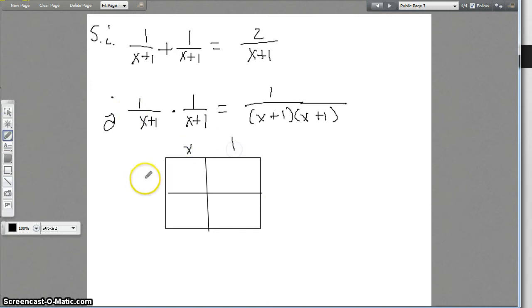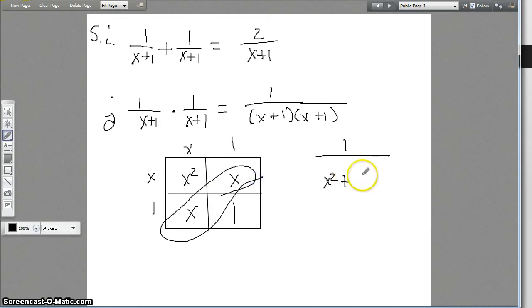X plus 1, x plus 1: x times x is x squared, 1 times x is x, 1 times x is x, and 1 times 1 is 1. So what we're going to have is 1 over x plus 1 times x plus 1 is x squared plus x plus x is 2x plus our 1 here. And that's our final answer for number 5, part J.